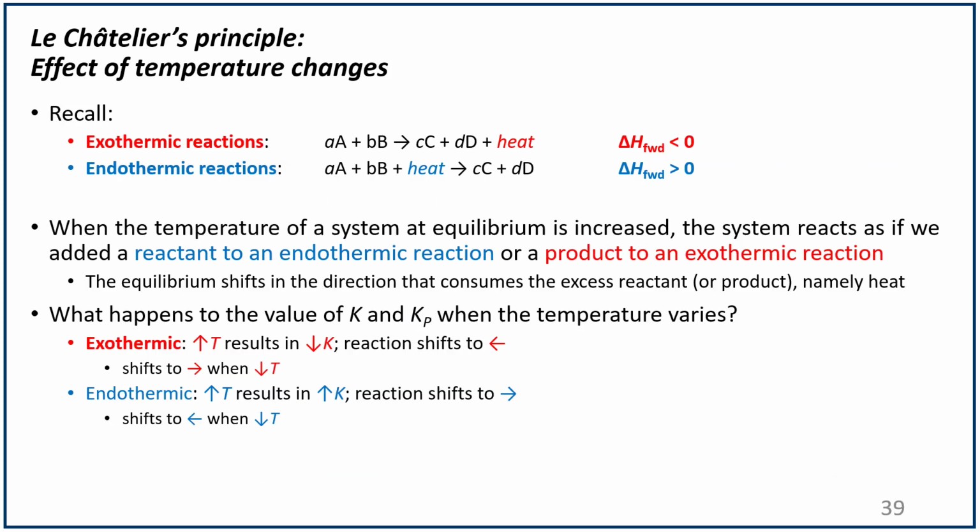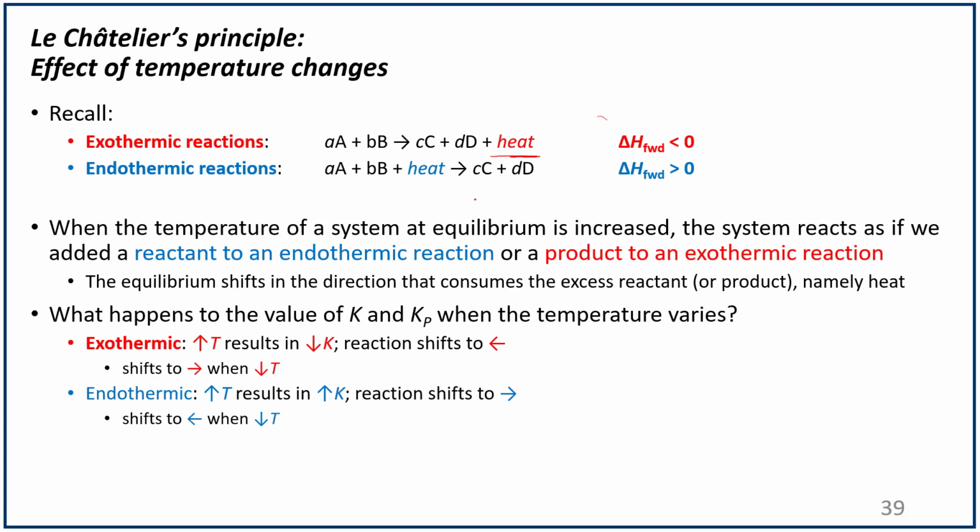That's important when we discuss the effect of changing the temperature of a system in equilibrium. If you have an exothermic reaction, heat is released. So we can say that heat is a product of the reaction, as indicated here.